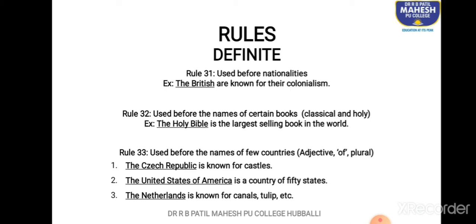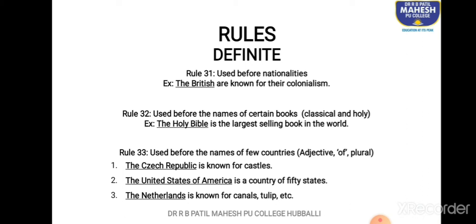One, the name of the country should have an adjective in it, or it should have of in it, or finally it should be plural. So only when these three are applied, then it can be considered in this particular rule. Hence, definite article can be used.